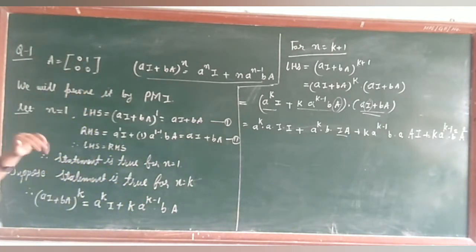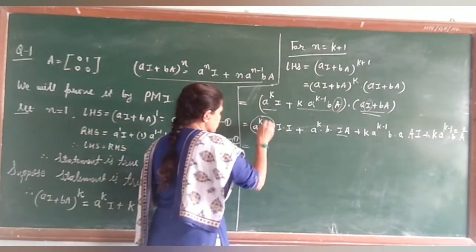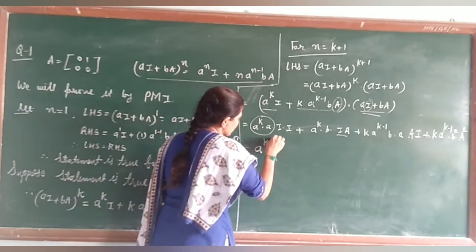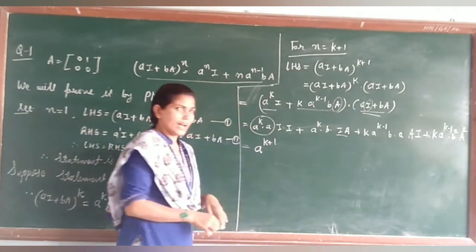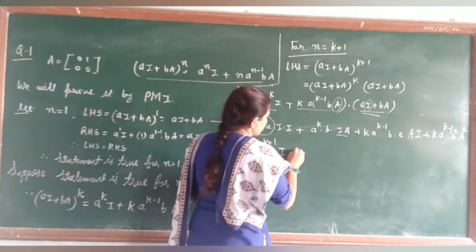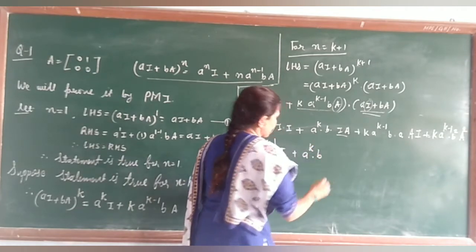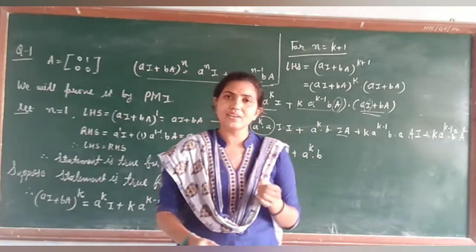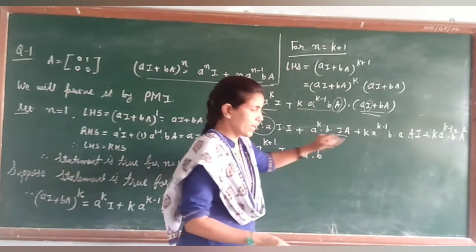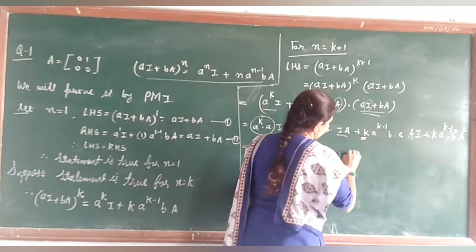Okay. So now next step. Next step में क्या लिखेंगे? देखो कि a raised to k into b, and we know that identity matrix is working as a 1. So therefore I into A, that means A plus k.